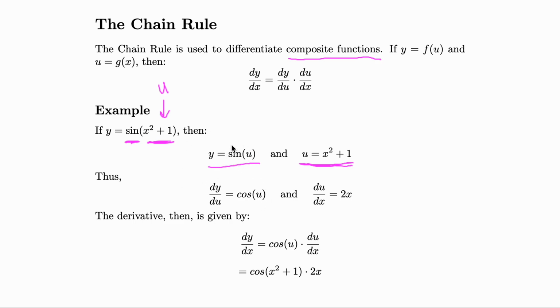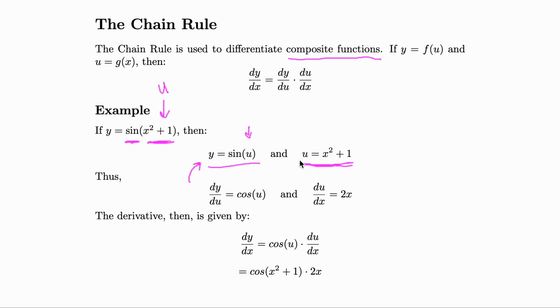So the derivative of sine is just cosine. So sine of u becomes cosine of u, and then now this is dy/du. Why? Well, because we would say that this is y in terms of u. So because this variable is here, we say y is in terms of u, and that creates dy/du.